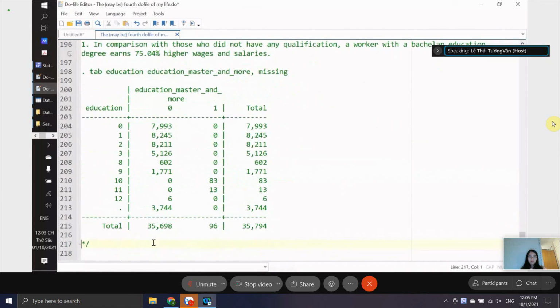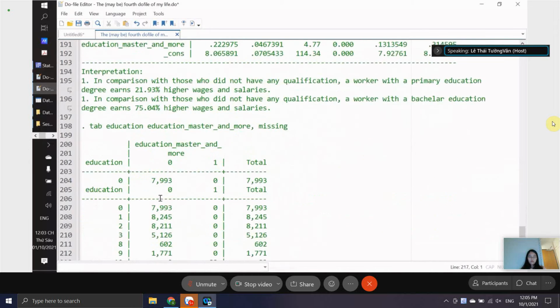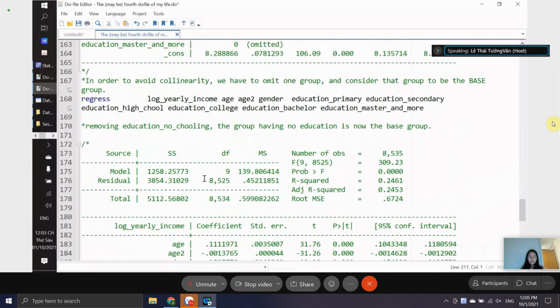So I have conveyed to you most of the information in the slides by explaining it through this empirical process. I don't repeat myself with the slides, and you will see that.